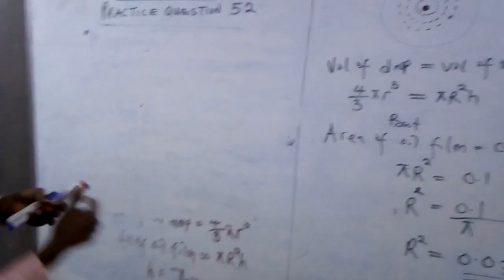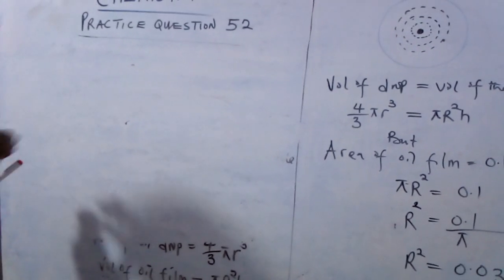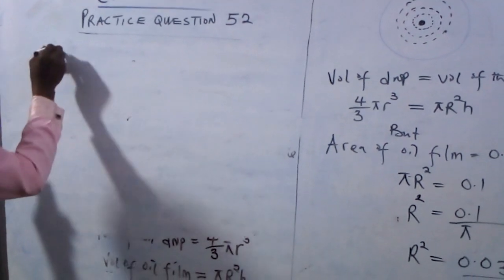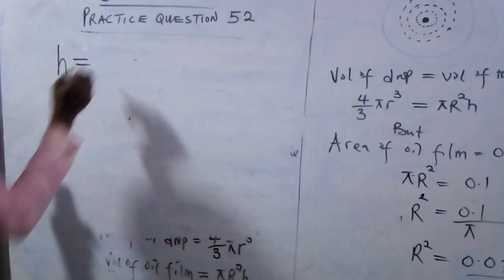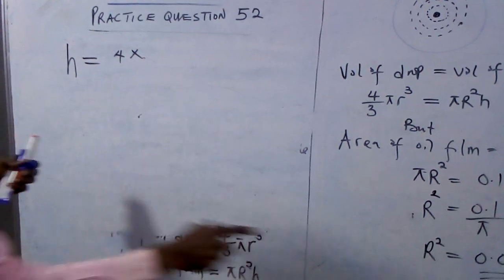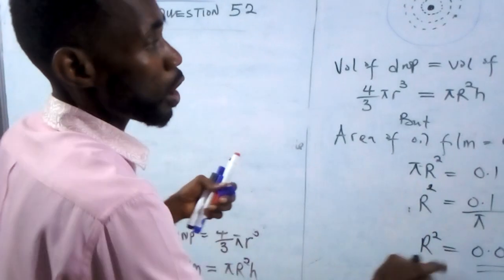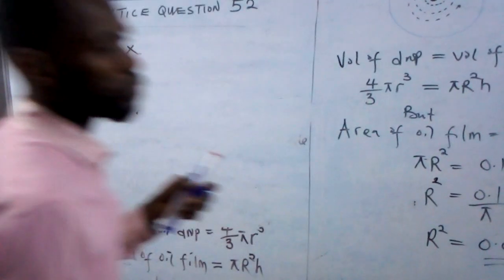Now the thickness of the oil film h will be equal to 4 times r cubed. We already have the value of r cubed here as well, which we got as 1.193.